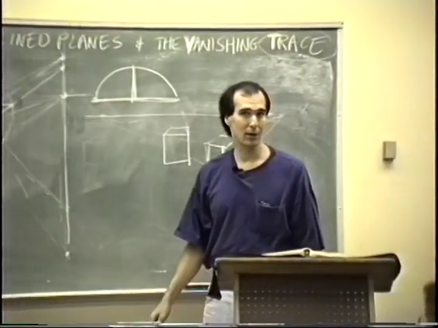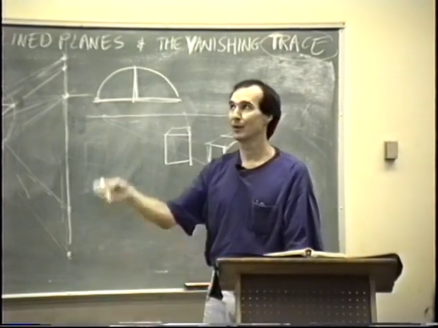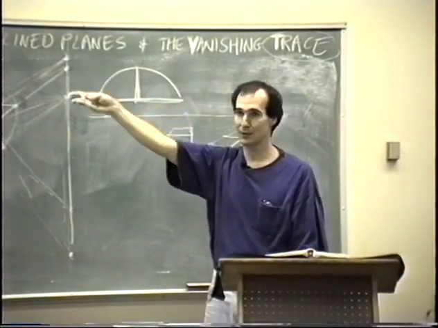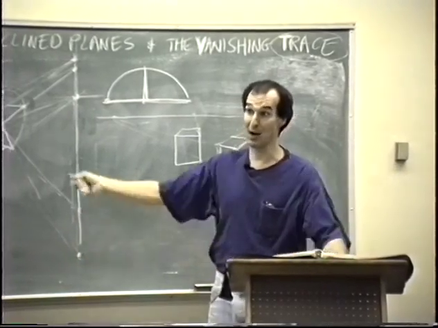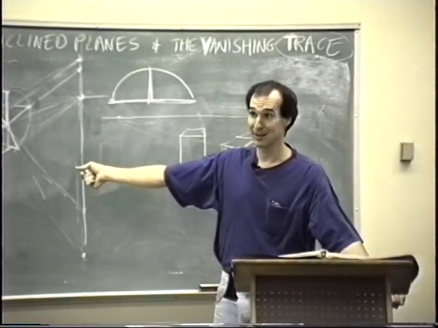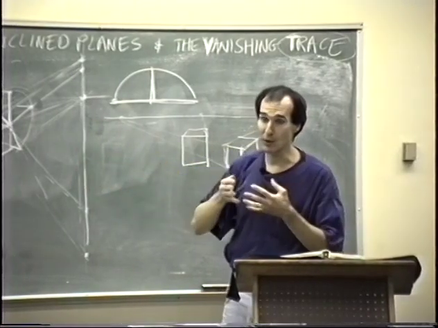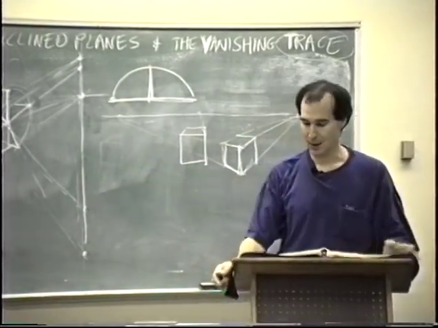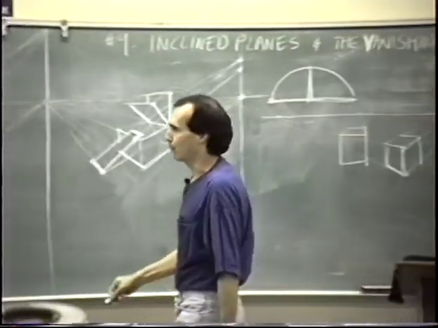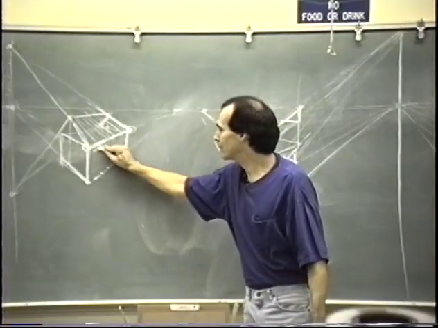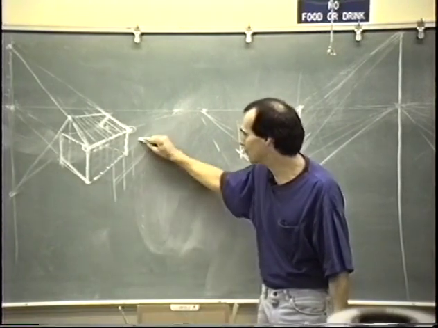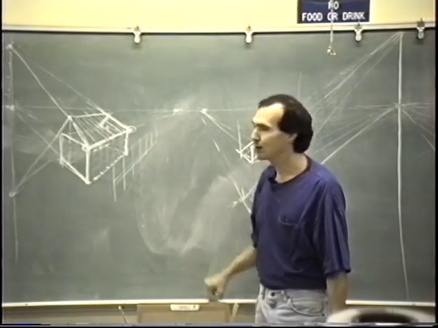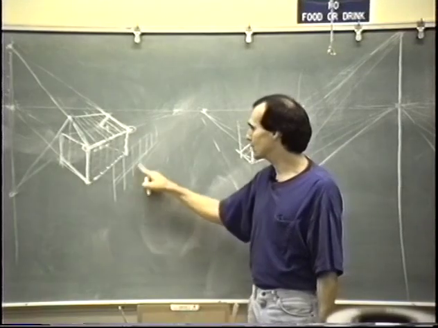And the same thing goes for floor tiles and ceiling lights and rows of chairs and piano keys and anything where you've got increments. If you've got rivets on the side of this building, if you've got a picket fence that's going back, how do you know how much closer those poles get to each other as they go back?